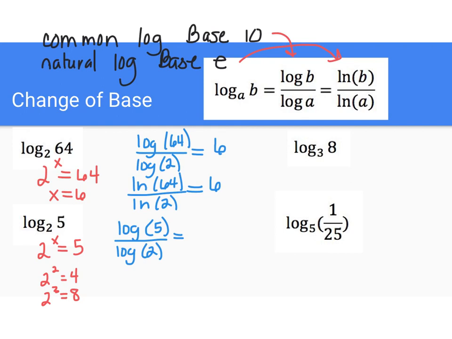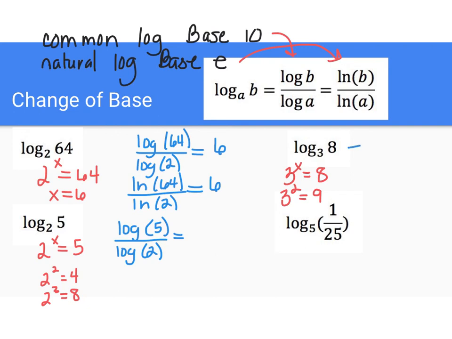For our next example, we have log base 3 of 8. Again, you're looking for that solution. So 3 to what power equals 8? We know 3 squared equals 9. So when we actually evaluate this, it should be a little bit less than 2.